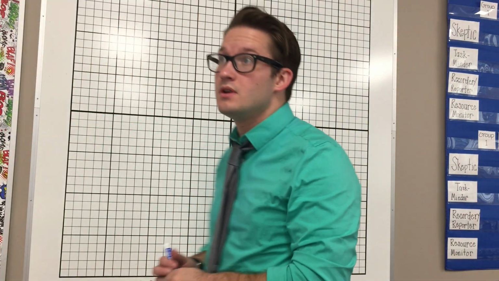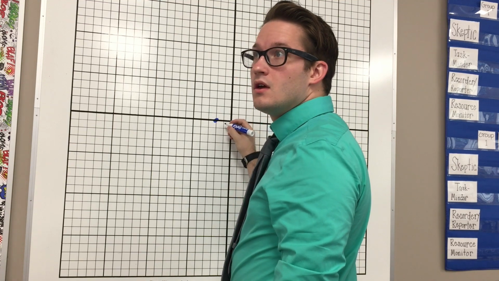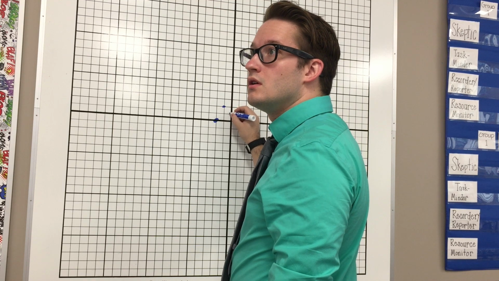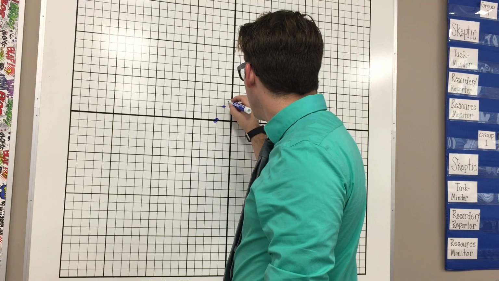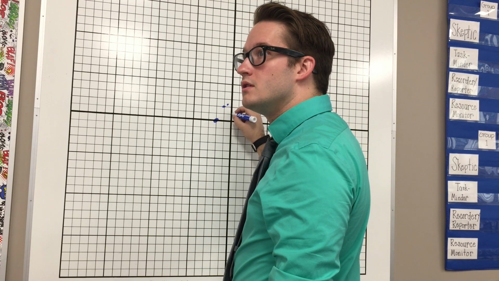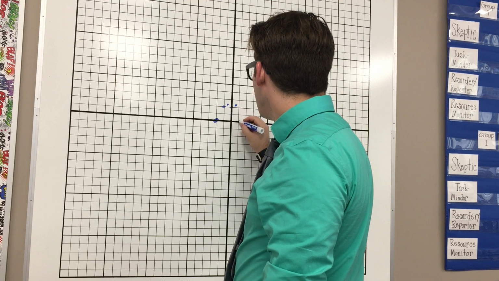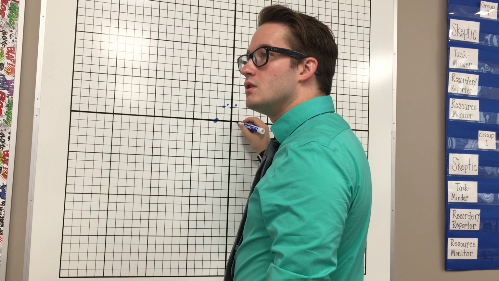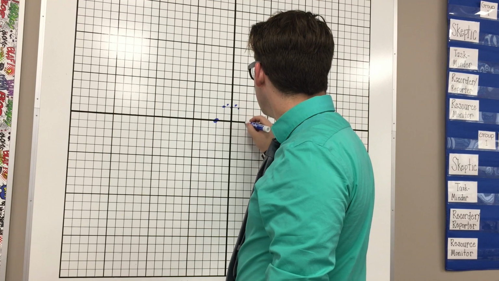So our points become negative 2, 0, negative 1, 2, negative 1/2, 2.25, 0, 2, 1/2, 2.25, 1, 2, and then 2, 0.